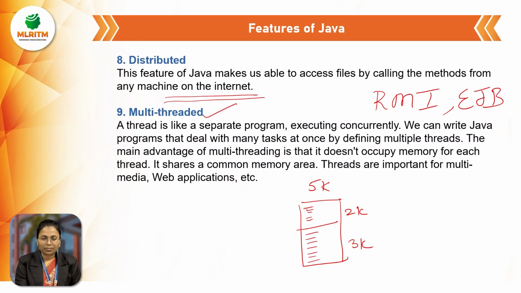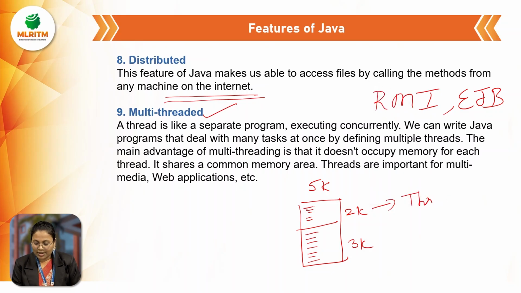If we do not have the multi-threading concept, all 5,000 lines of code would be executed line by line. It will take more time to execute that single program. So to avoid this, they have introduced the multi-threading concept. They will check the program and group the independent lines of code as a single thread.